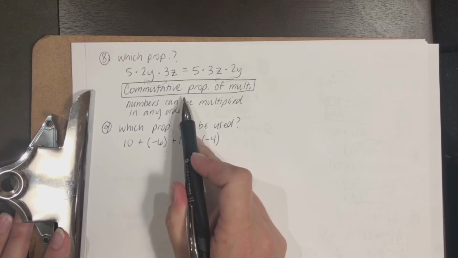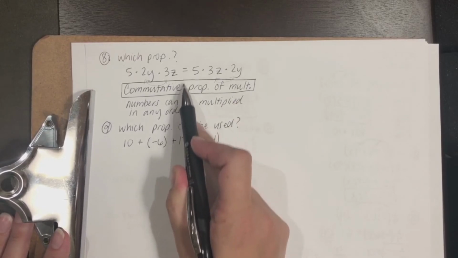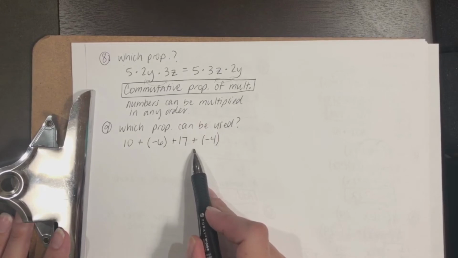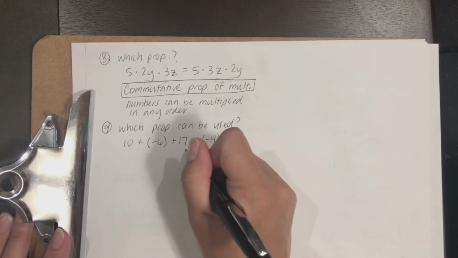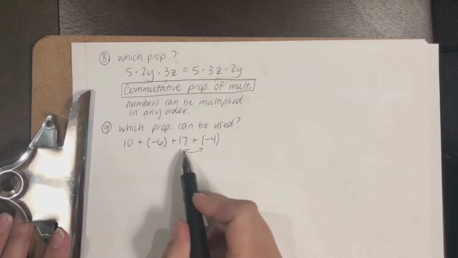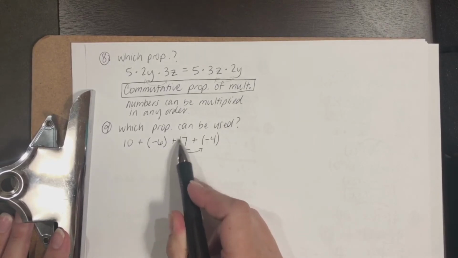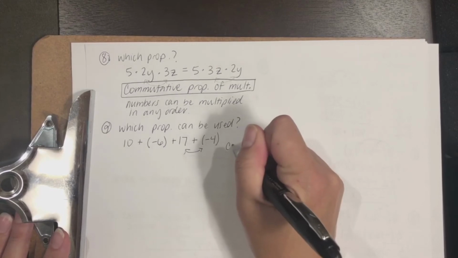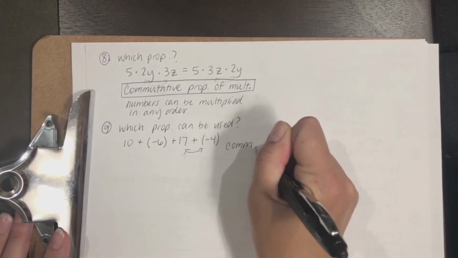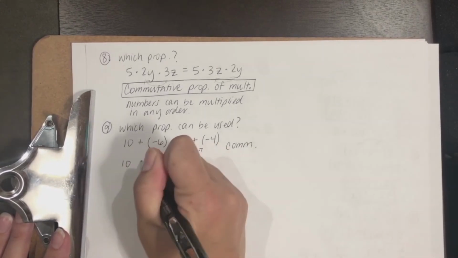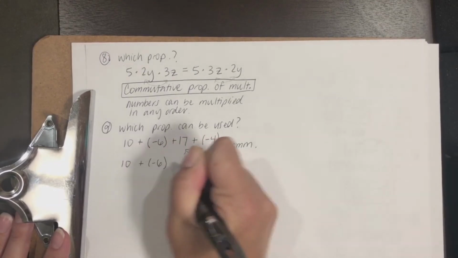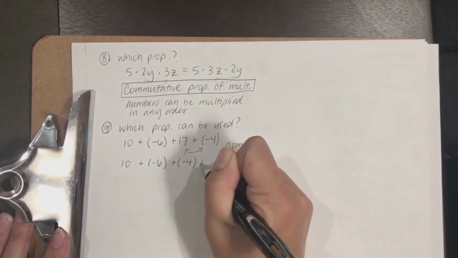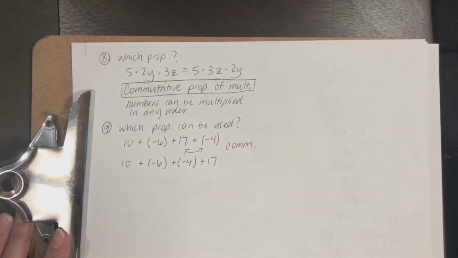So the commutative didn't really seem helpful here, but we're going to use commutative here, and it's definitely going to seem more helpful. So I'm going to use commutative property to flip-flop or to switch places the 17 and the negative 4. So commutative. And I'll rewrite this 10 plus negative 6 plus negative 4 plus 17.